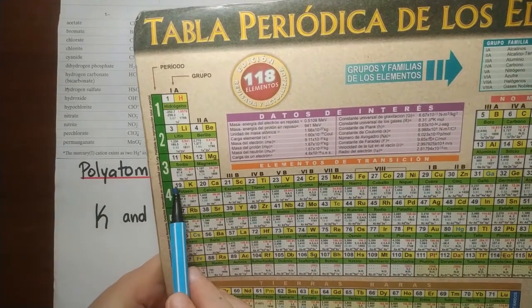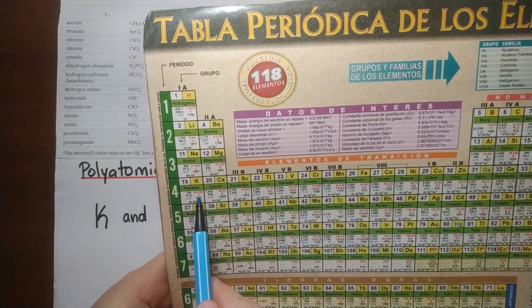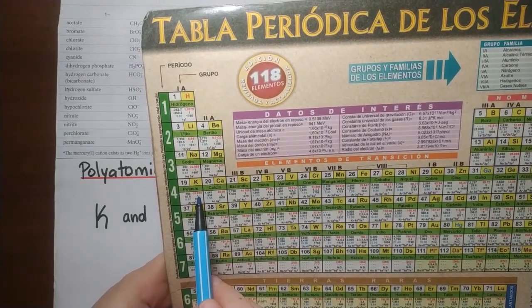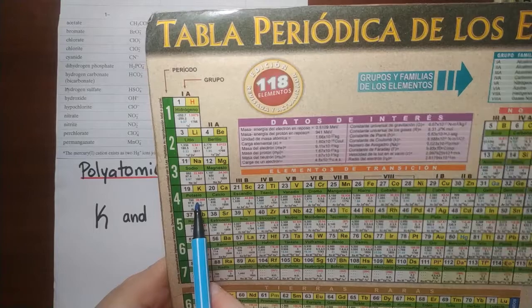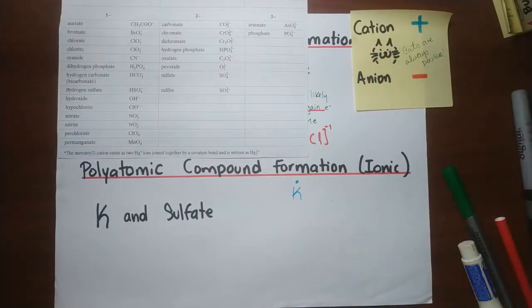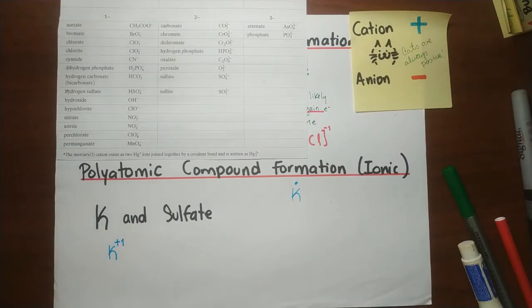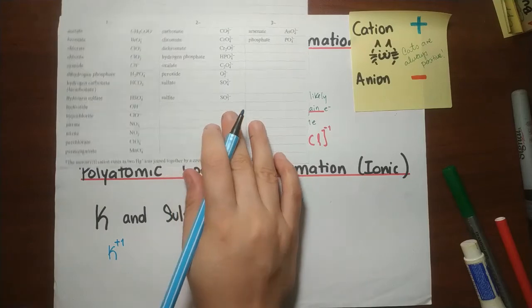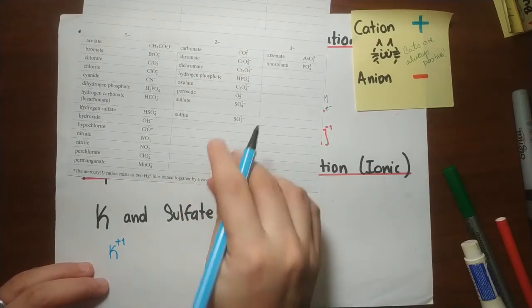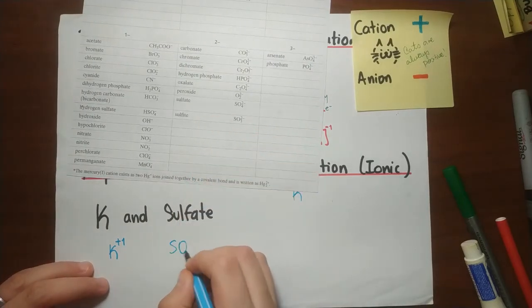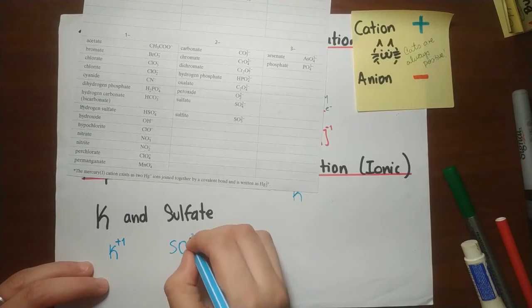So for potassium, you're going to take a look at the valence electrons of potassium. You will see there is 1. So that means that potassium is a cation with a charge of +1. Okay? And then sulfate, that is coming from the table here. Sulfate is SO4 and the charge is 2-.